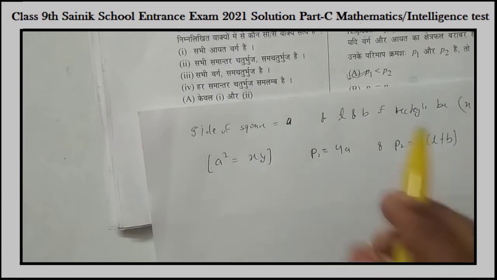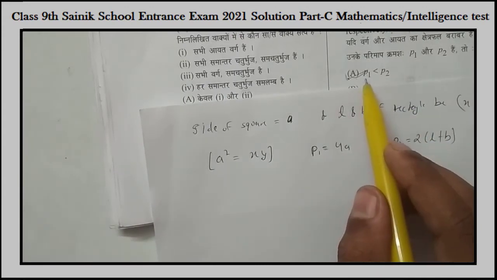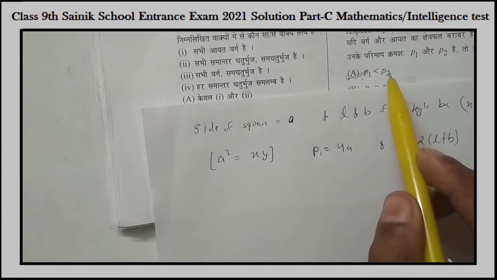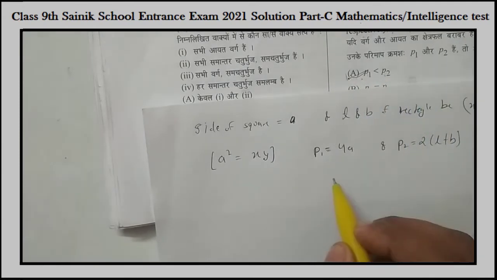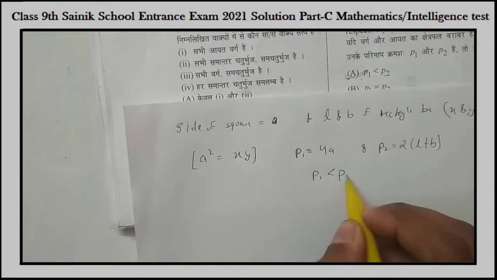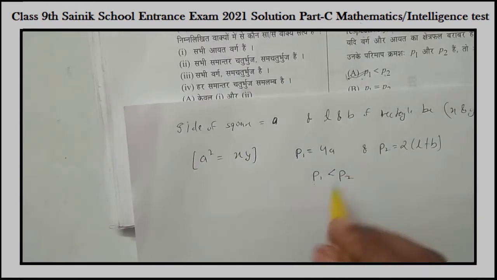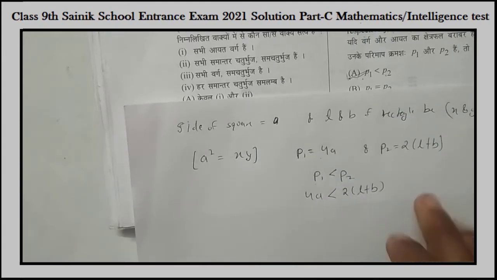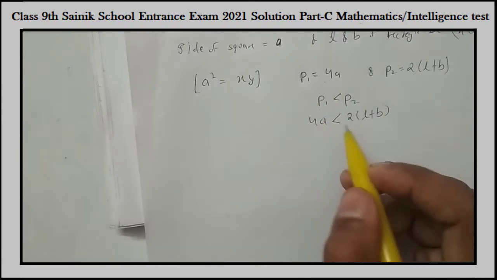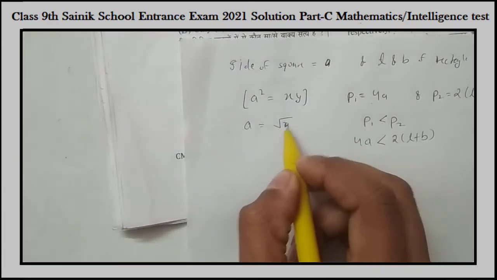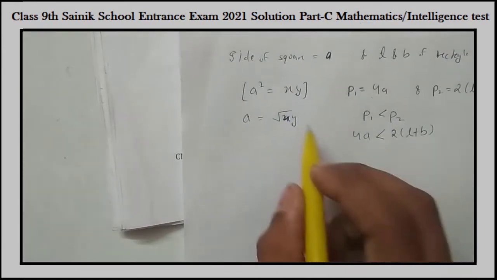How? If we put the values of P1 and P2 in this equation: what is the value of P1? P1 is 4A. And P2 is 2 times L plus B. From here we can easily calculate that A is equal to root xy.